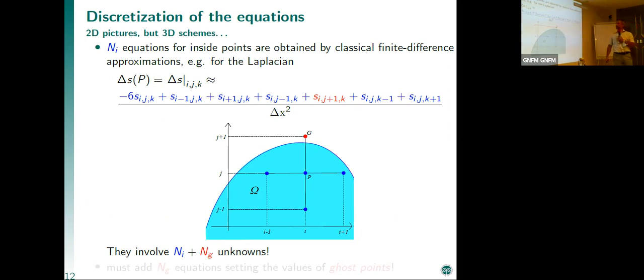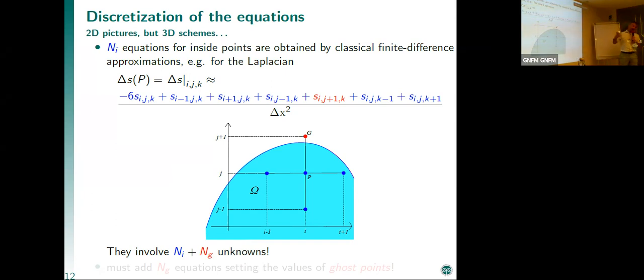But basically, what happens is that when I discretize some differential operator at some point, if the point is close to the boundary of the object, my approximation formula will involve the values of the variable outside the object. So if I were to consider only the equations for the internal points, I would end up with a system which has fewer equations than unknowns, because this red variable is appearing in the equation, but I don't have enough equations to determine it. So I need to add something to the system.